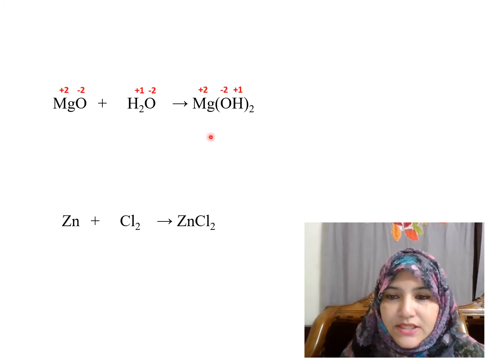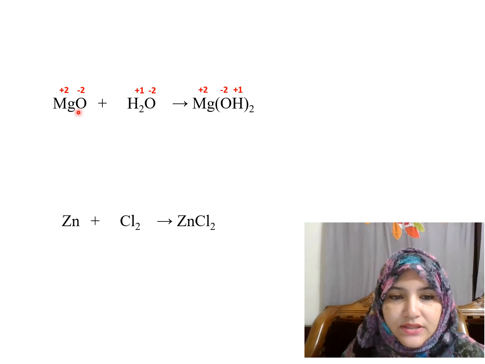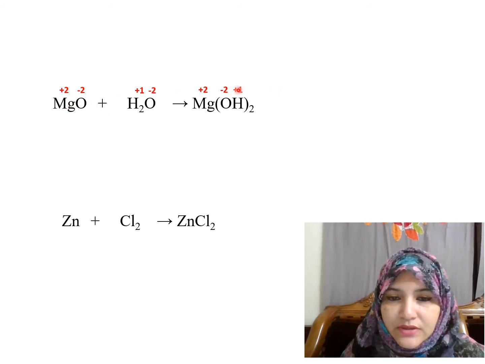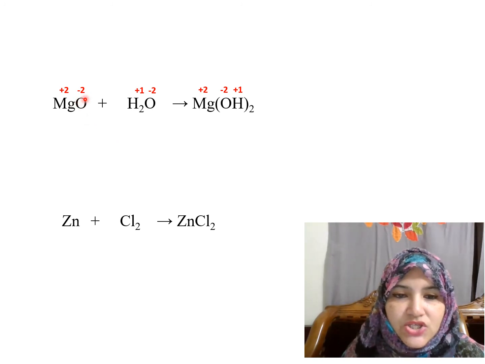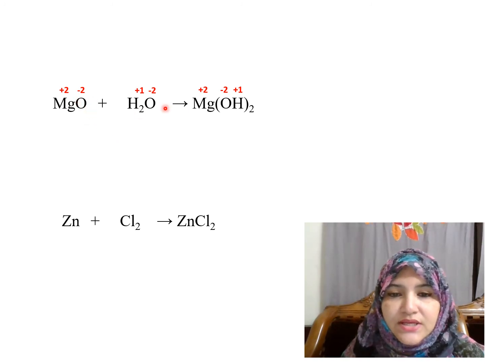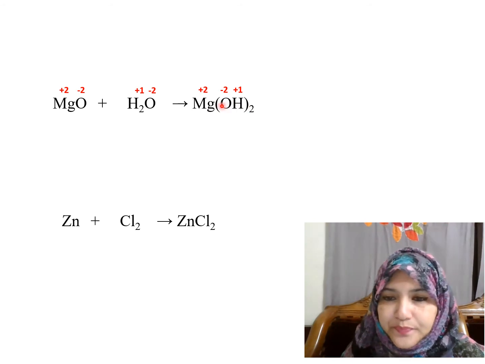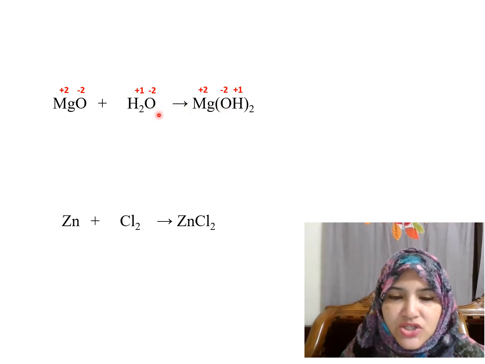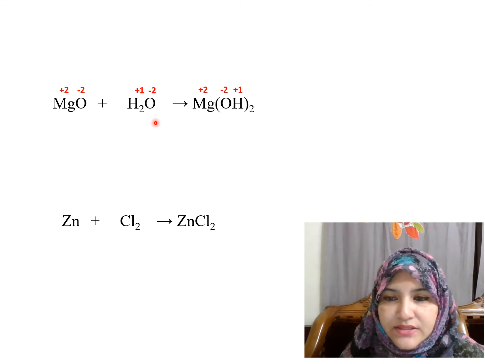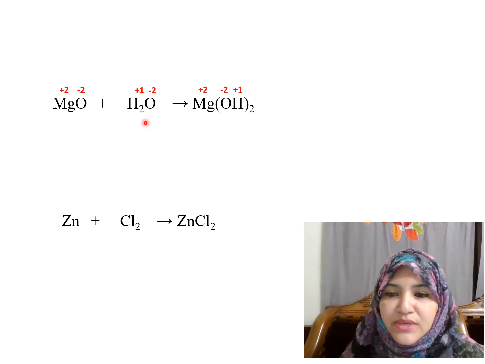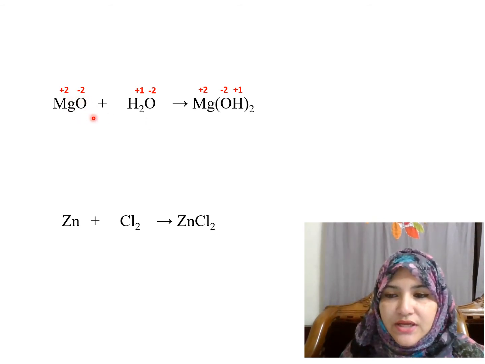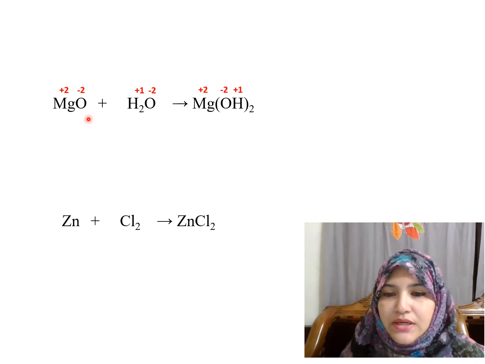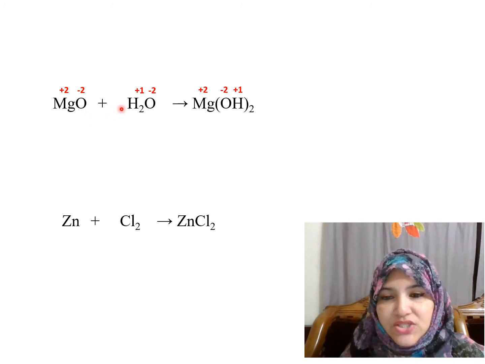Let's start with the first example. Here you can observe the oxidation numbers: oxygen has a -2 charge in magnesium oxide and also in water, that means in reactants. Magnesium in magnesium oxide has a +2 charge, and hydrogen has a +1 charge.